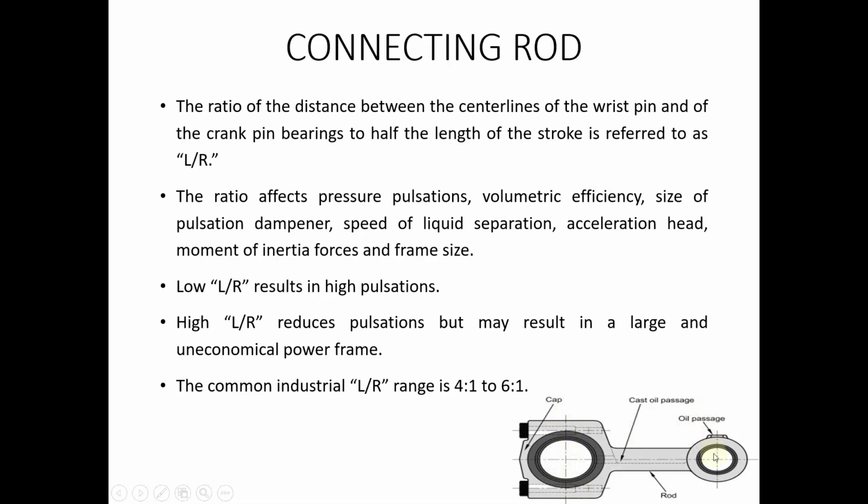So if you draw two axes here, the distance between these two lines is known as the length, L, and R is the half length of the stroke. So the ratio of this distance L and the half distance of the stroke, R, is the L by R ratio.